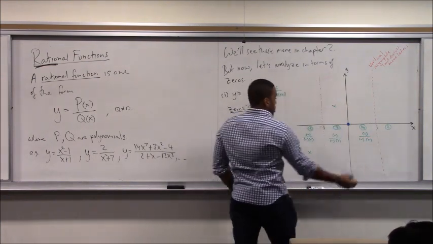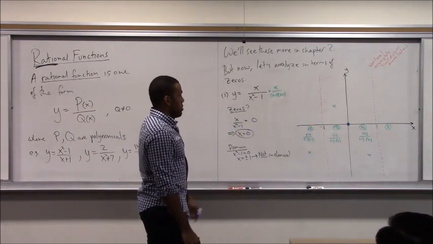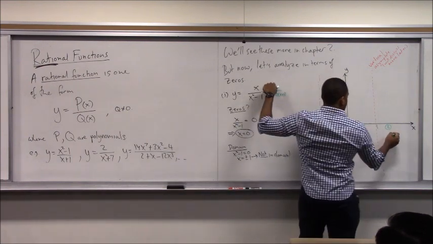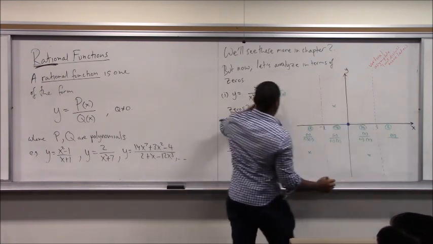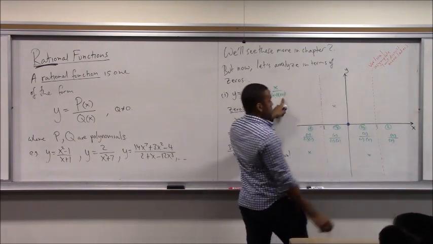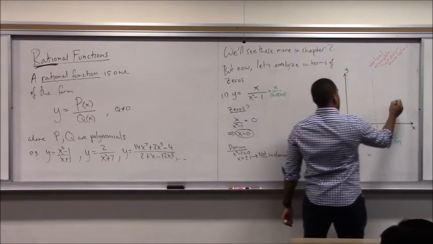That's negative, so I know the graph is down here. If I plug in a +2, the top would be positive, the denominator would be positive, and the x + 1 would be positive. That means the positive graph is right here.